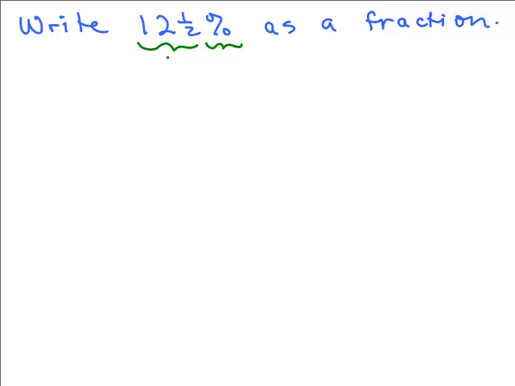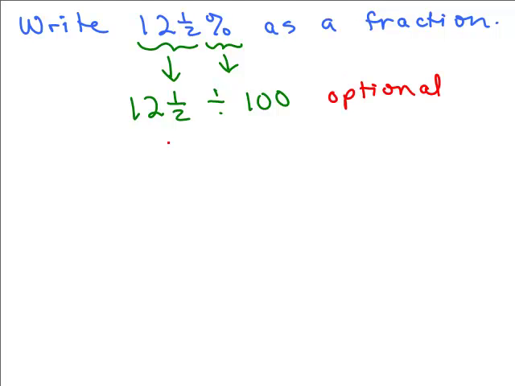All right, so first of all, let's go ahead and do the step that we don't have to do, but if you want, you could say, well, this means 12.5 divided by 100. Okay, this is the optional step if you want to write that down first. Or you can go directly to this step, which is write 12.5 as an improper fraction. 2 times 12 is 24 plus 1 is 25 halves. And then remember what divide by 100 means?